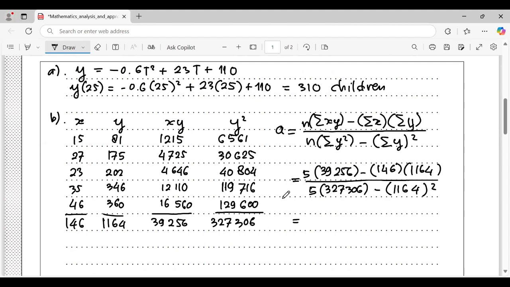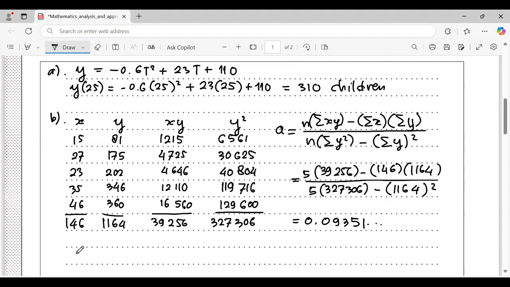And if we calculate, the result is 0.0935251.